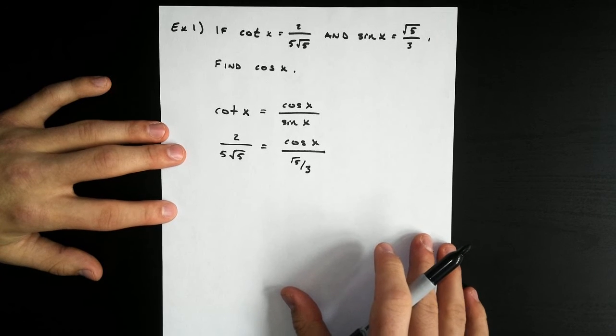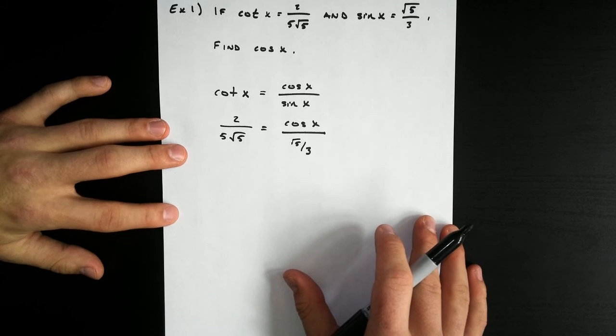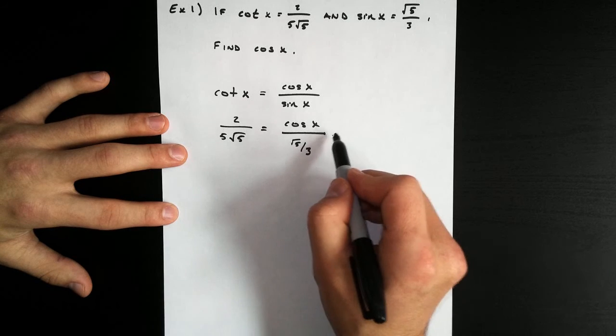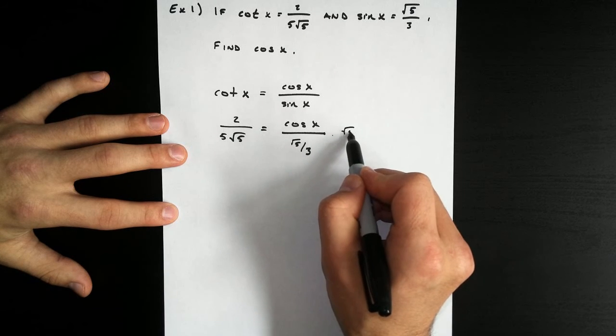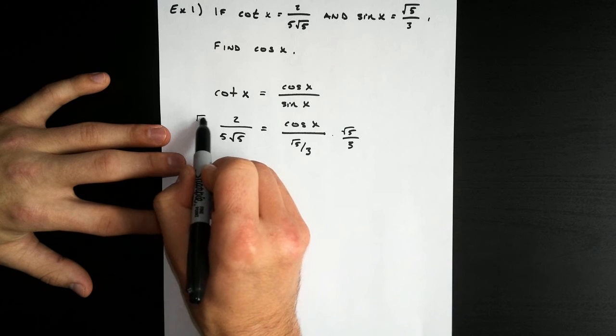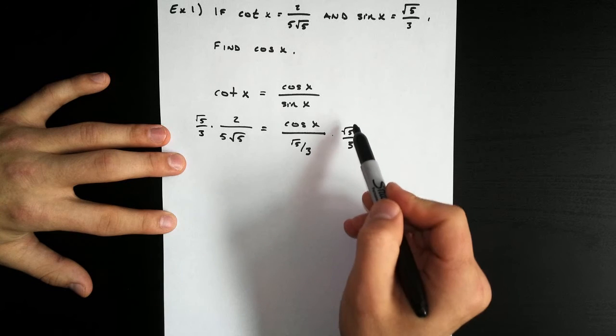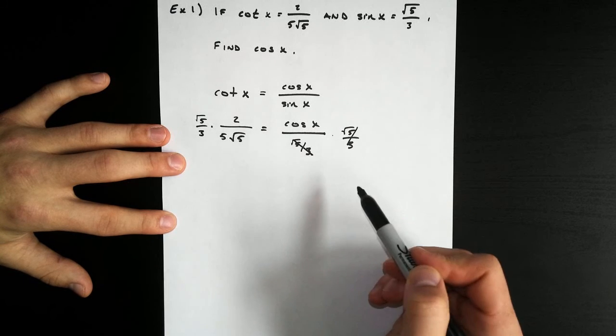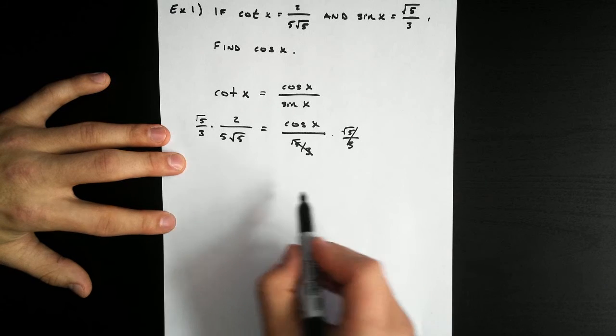Now the only thing we don't know in this equation is the cosine of x. So let's solve for that. So to take care of this fraction over here, I'm going to multiply both sides by the square root of 5 over 3. So on the left hand side, this will simplify to 1, just leaving me with the cosine.